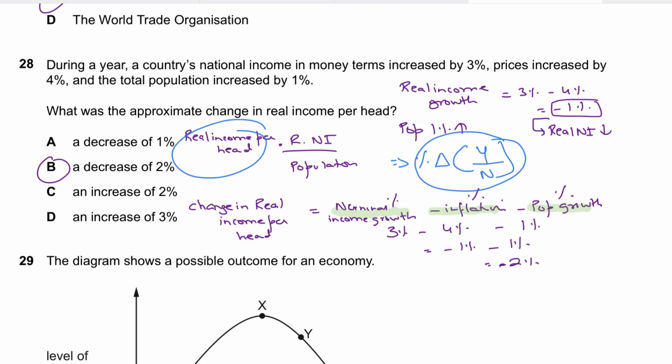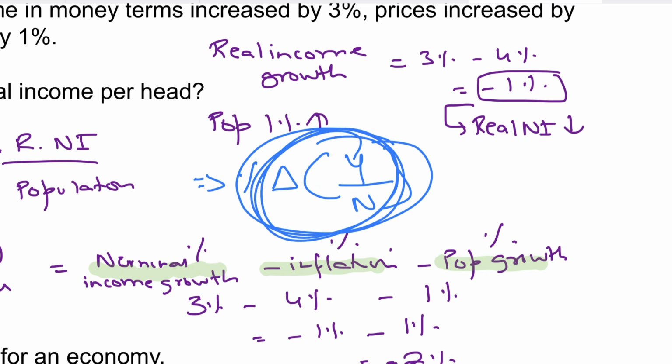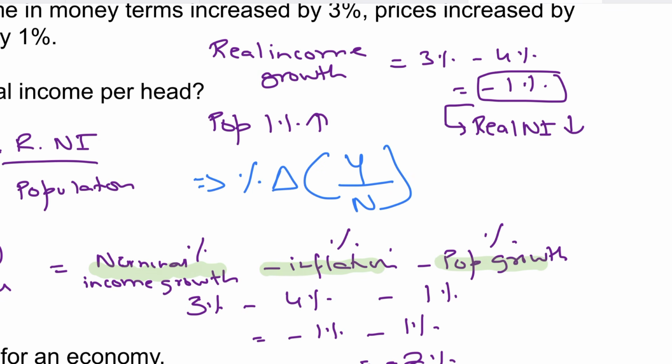The reason we are subtracting is only because the percentage change in a ratio, such as the percentage change of real national income over population, can be approximated. Let me draw the approximation sign. It can be approximated by subtracting the percentage changes of the numerator and the denominator.